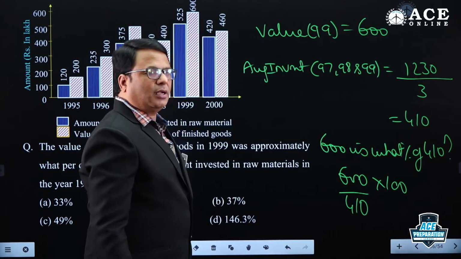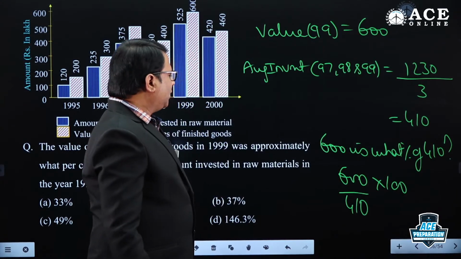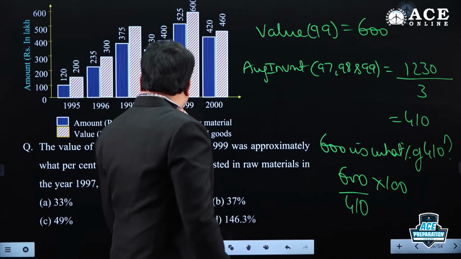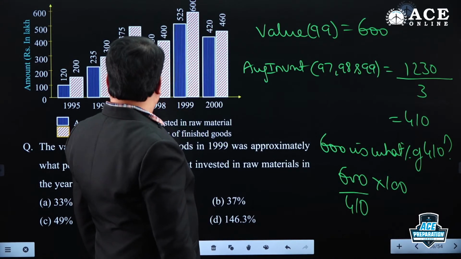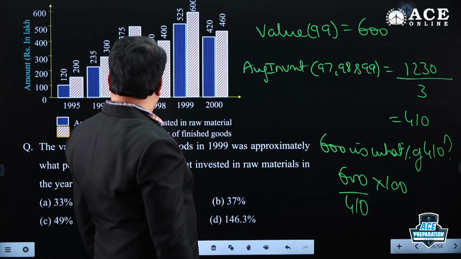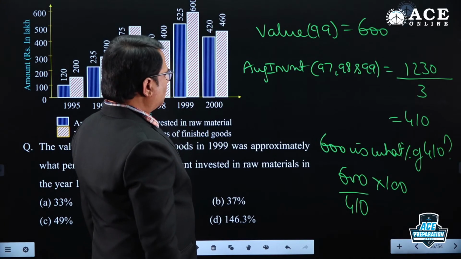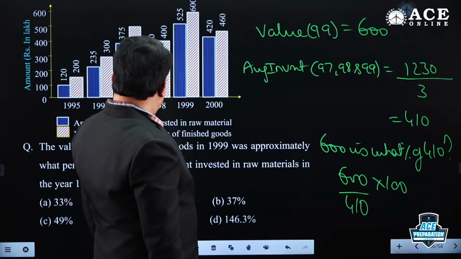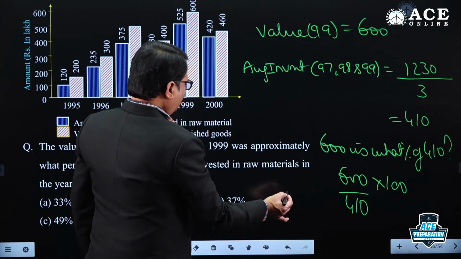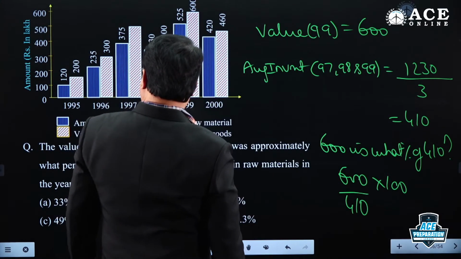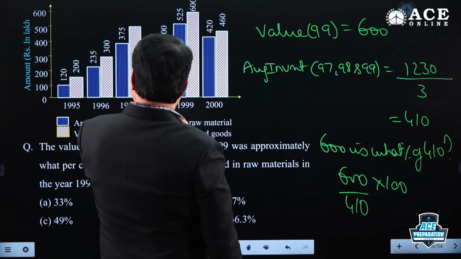Here I can directly say the answer is approximately what percent of the average amount invested in raw materials. So here, 600 by 400 if I take, is there anything wrong?